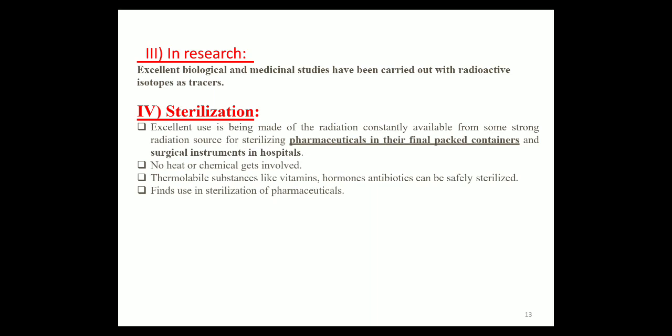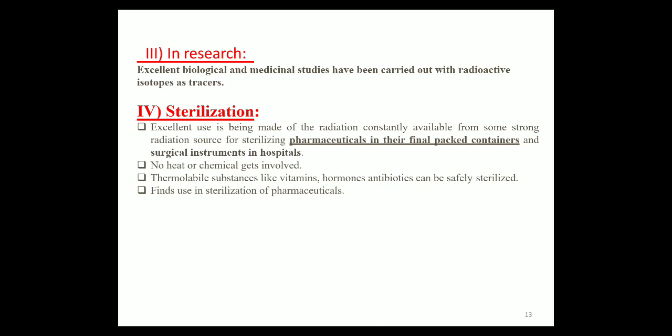And the last use is sterilization. Excellent use is being made of the radiation constantly available from some strong radiation source for sterilizing pharmaceuticals in their final packed containers and surgical instruments in hospitals. No heat or chemicals are involved.